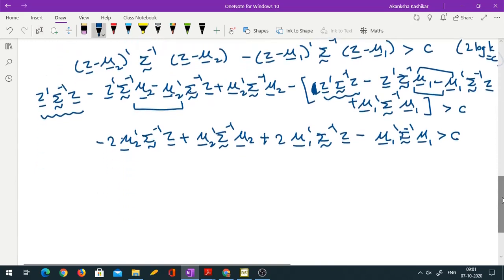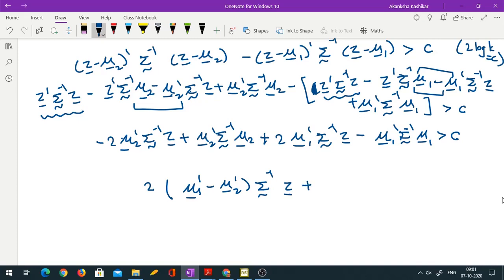What does it mean? It means if I rearrange the terms again and take 2 common, I have 2 times (mu1 prime minus mu2 prime) sigma inverse Z plus mu2 prime sigma inverse mu2 minus mu1 prime sigma inverse mu1 should be greater than C. Okay so far.